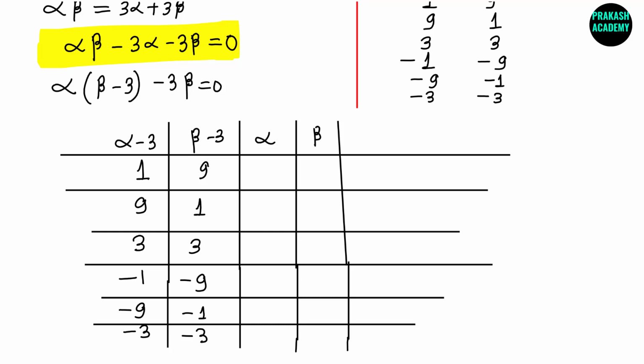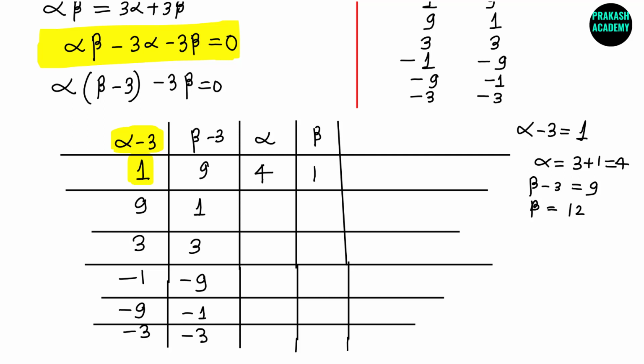Now what will be alpha? Alpha minus 3 is 1, this means alpha is 3 plus 1, that is 4. So alpha is 4. Similarly, beta minus 3 is equal to 9, this means beta is 12. When alpha minus 3 is 9, this will become 12 and this will become 4.